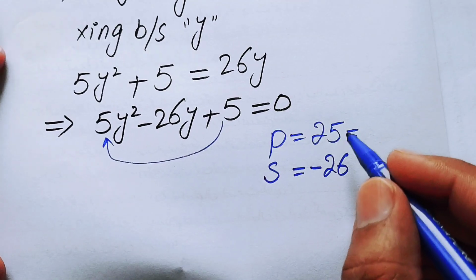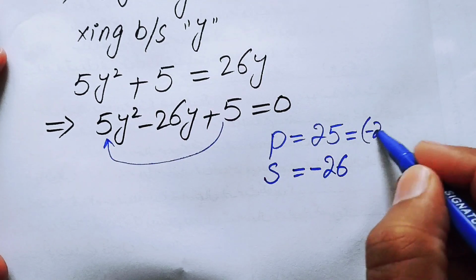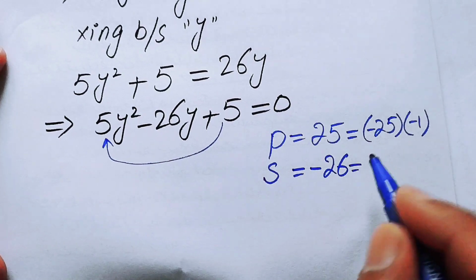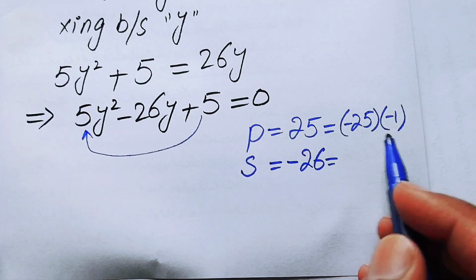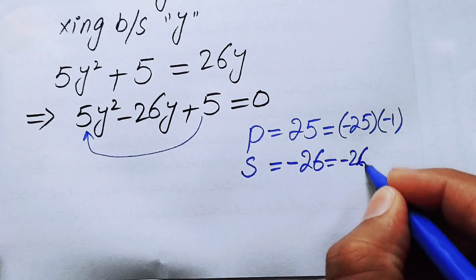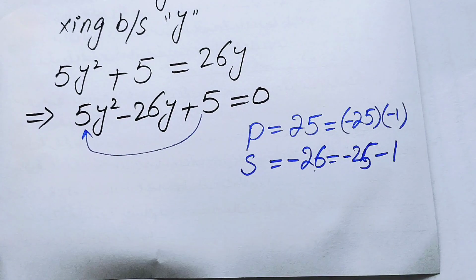So these two numbers are minus 25 and minus 1. When you multiply minus 25 by minus 1 you get plus 25, and when you add minus 25 and minus 1 you get minus 26.